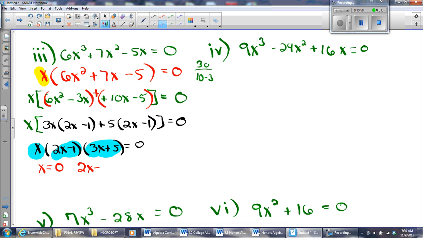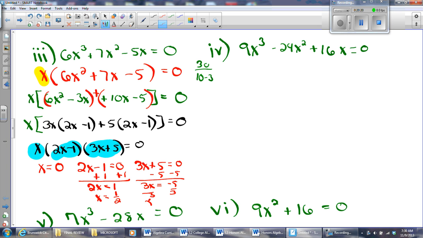2x minus 1 equals 0 and solve. 3x plus 5 equals 0 and solve. Okay, I'm going to add 1 to each side. 2x equals 1, x equals 1 half. I subtract 5. 3x equals negative 5, divide by 3, divide by 3. X will equal negative 5 thirds.